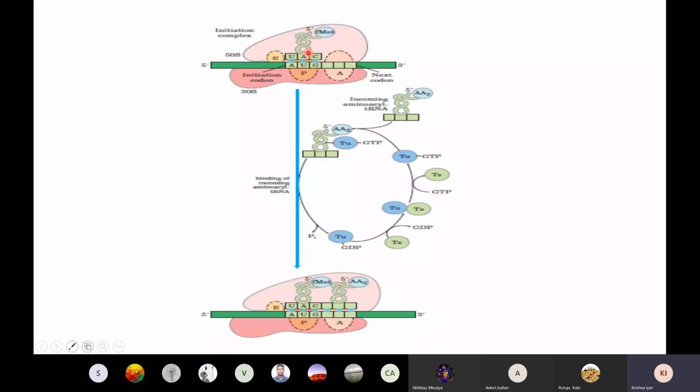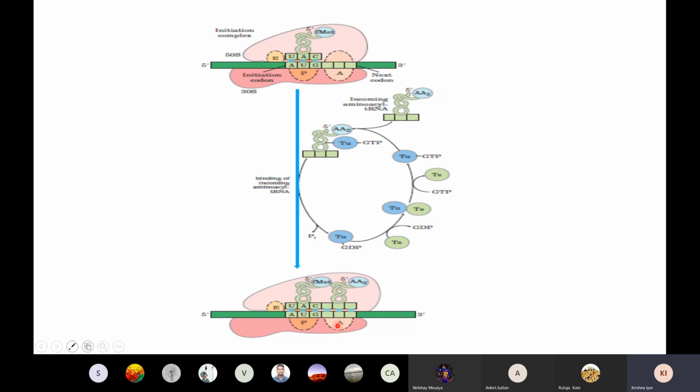Now see what happens. Based on whatever is the codon sequence here, the corresponding tRNA, which is carrying the appropriate amino acid, in this case I will call it amino acid 2, because this is amino acid 1, that tRNA will come and position itself at what is called the A site.